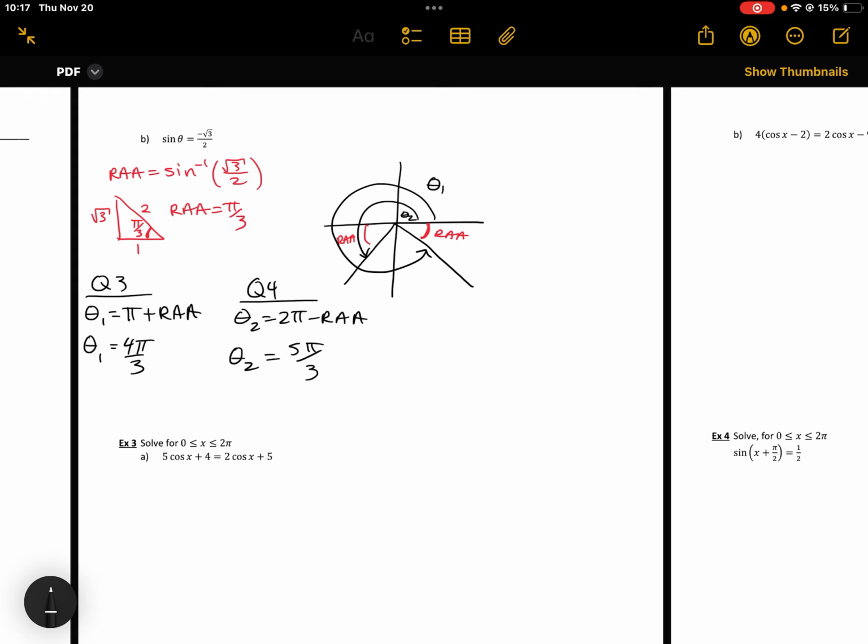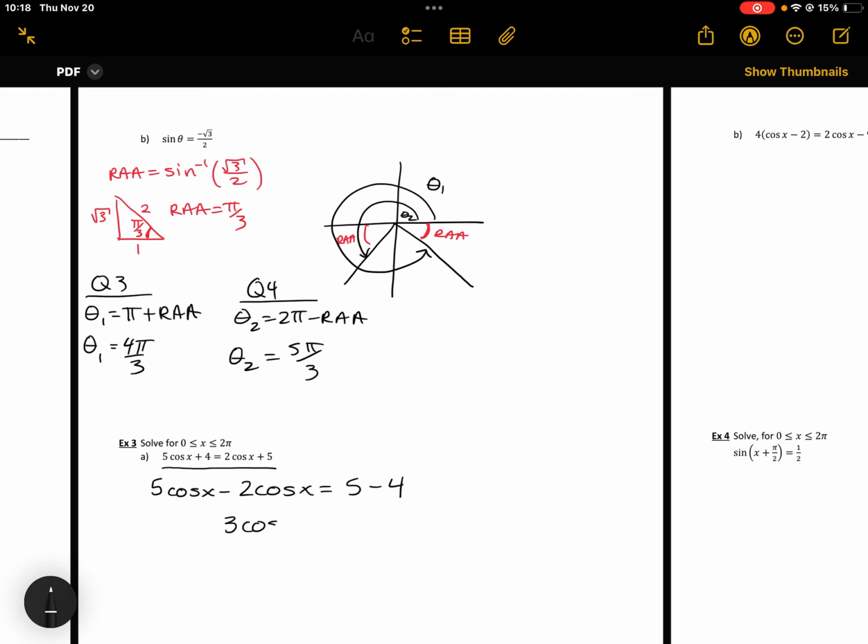The next couple examples involve equations that are a little bit more complicated because they have some simplification that comes along with them. This one here, what I notice is that I've got cosine values on the left and the right side. I want to move all the values that have an x onto the left-hand side, following my BEDMAS rules, and I'm going to move all the terms that don't onto the right-hand side.